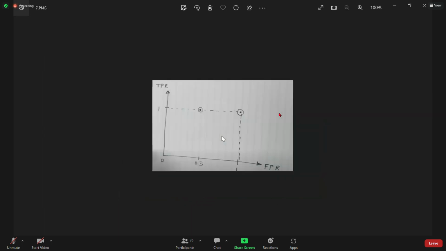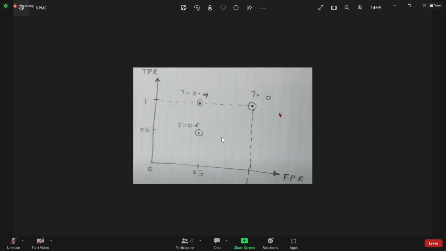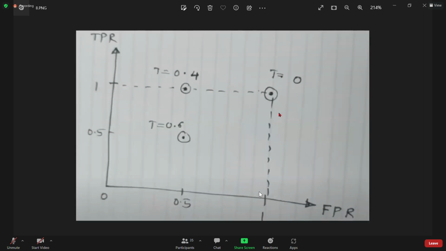At 0.8, we got all the values. Now what I'm going to do, I want to plot the graph here. Listen to this. At threshold 0 and 0.2, what is the output we got? 1 and 1. Can I plot the data point or not, guys? At threshold 0.4, we got 1 and 0. Guys, do you understand?